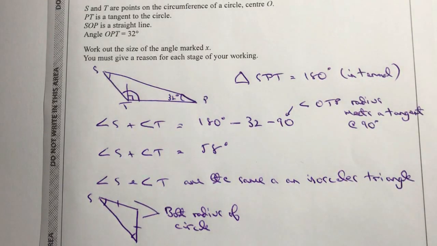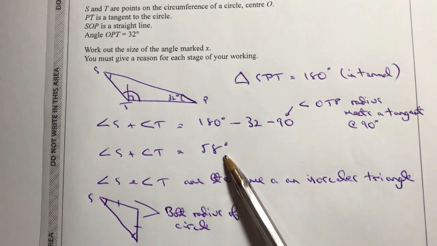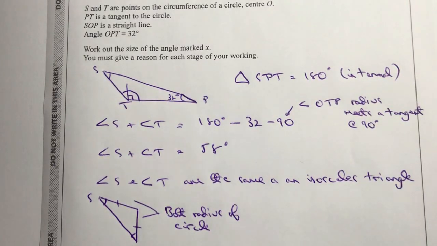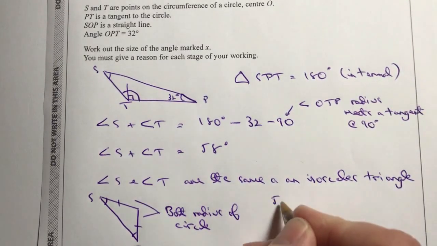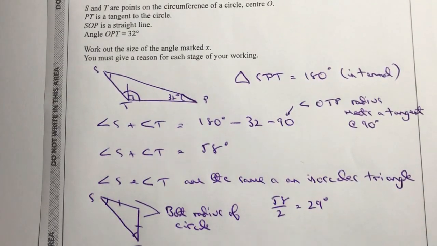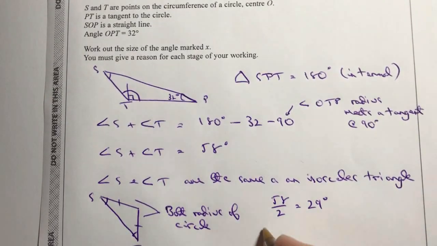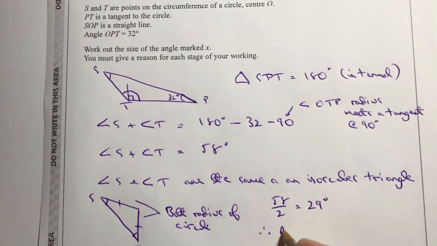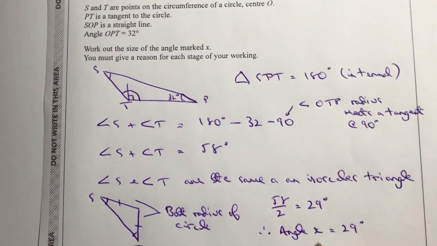So if angle S plus angle T is equal to 58 degrees, which is what we've worked out, then we can say that 58 over 2 equals 29 degrees, and we can put therefore angle X equals 29 degrees.